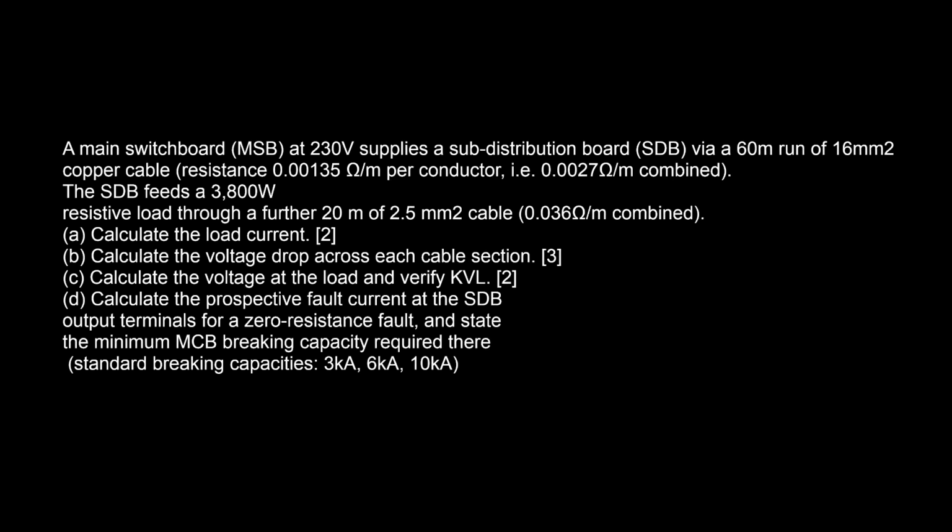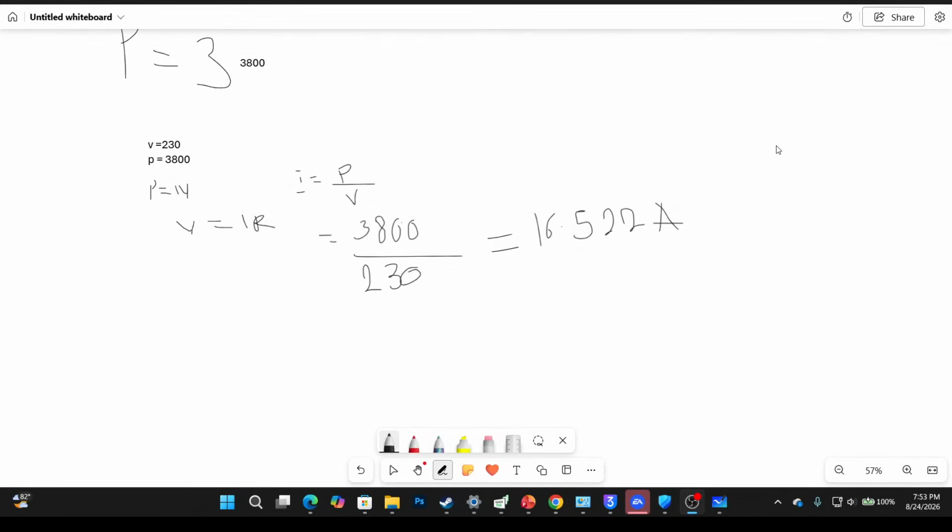For the first question, we have our I to be P over V. Looking at the formula V equals IR, we don't have the total resistance of the distribution. So now we use P equals IV, that's the formula for finding the power.